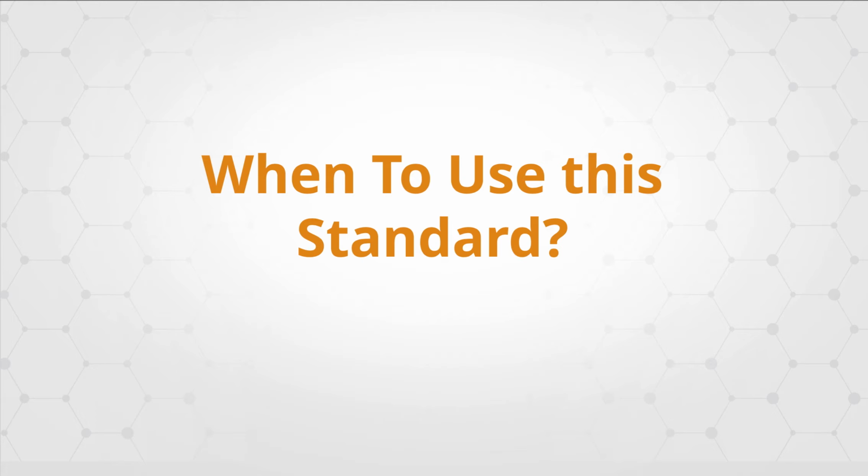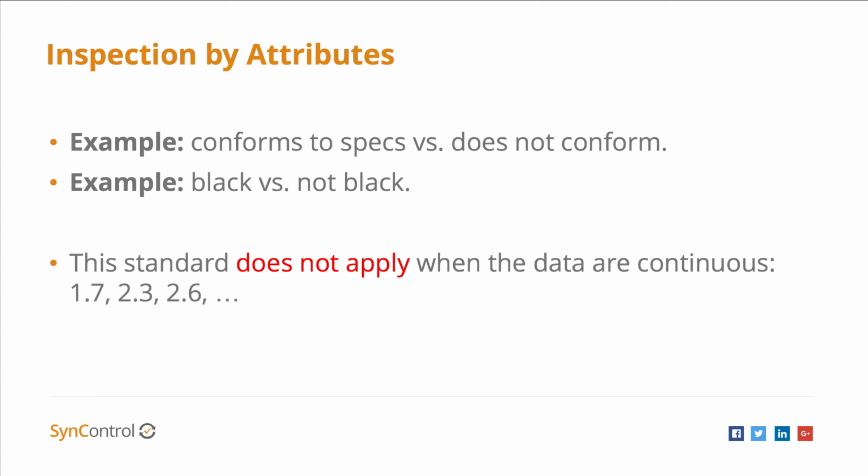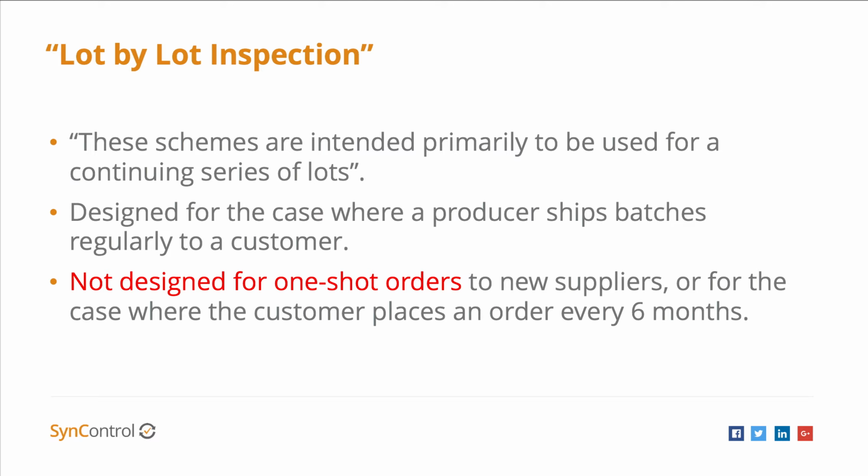Okay, now when to use this standard, I touched on this a little bit already, but let's go through it in detail. First, it's only for inspections by attributes, meaning you can say if a product is good or bad. Okay, conforms, does not conform, very clear. If it's continuous data, 1.7, 2.3 and so on, this is not going to work. There are some other standards that can be used, but don't use this one. It's for lot by lot inspection, meaning a continuing series of lots of the same product or the same part.